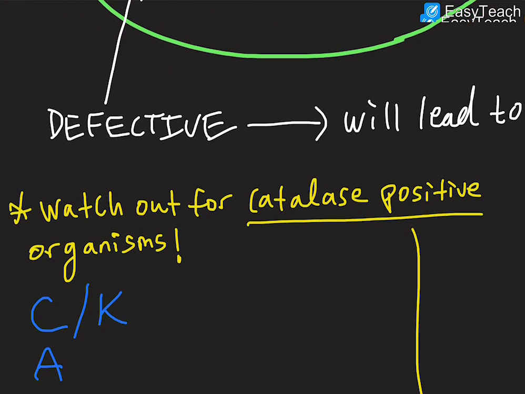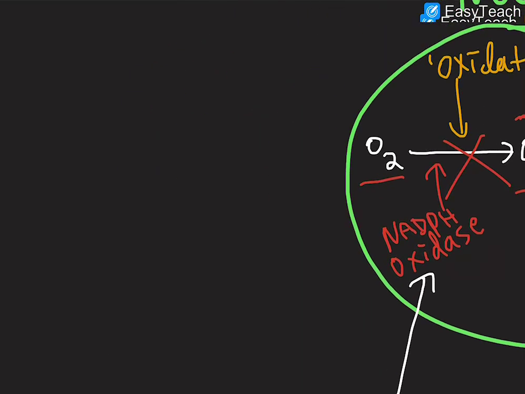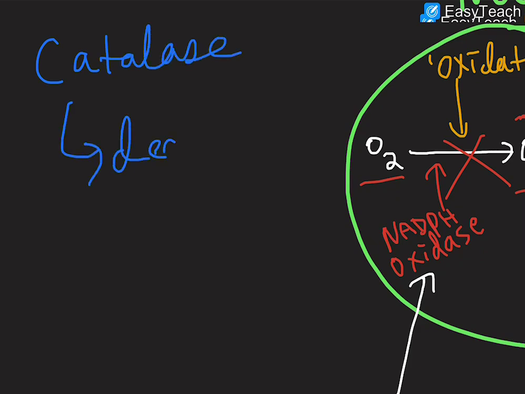So, what types of organisms can affect patients with chronic granulomatous disease? So, we have to remember the enzyme catalase. Let's talk about this for a minute. Remember, we have the enzyme catalase. Catalase, in simple terms, did what? It degraded hydrogen peroxide.